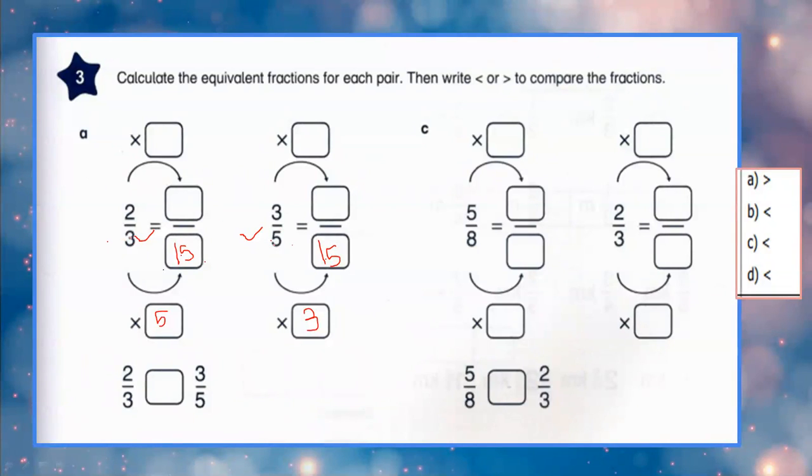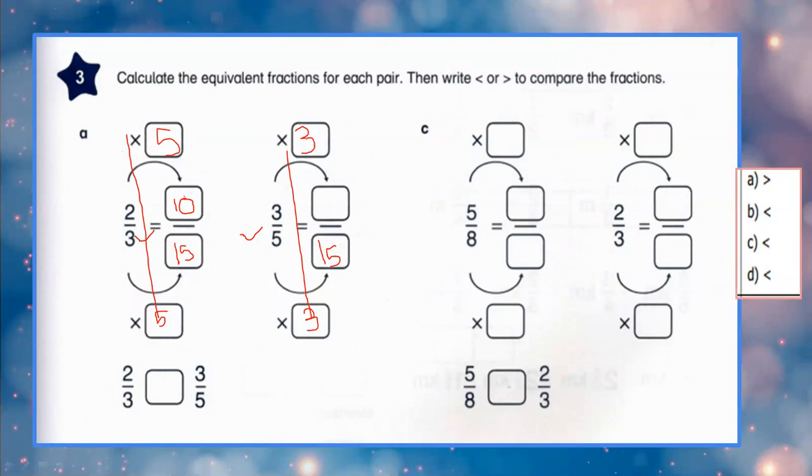Okay, step number 2. Look over here. The rule of fractions: whatever you do in the denominator, you have to apply the same in the numerator. So if I write 3 here, definitely I have to write 3 there. This is always step number 2. Now the last step is step number 3. When 2 is multiplied by 5, it gives 10.